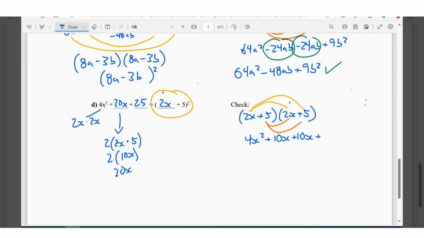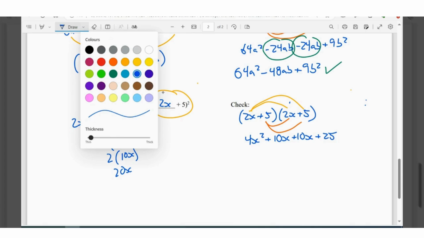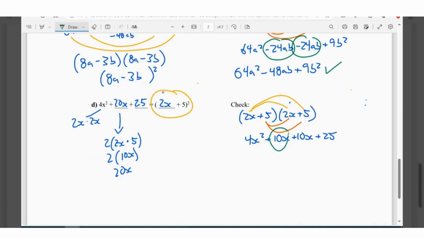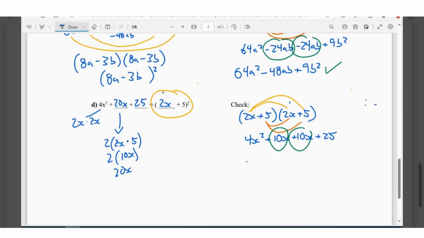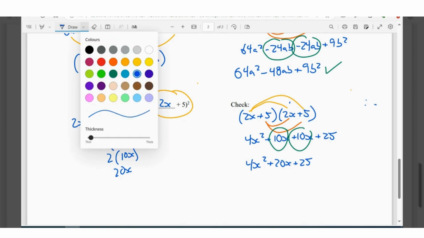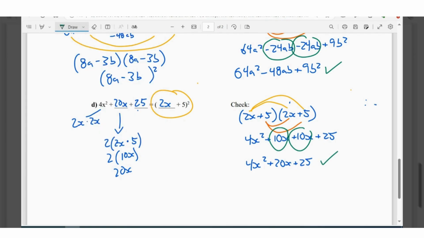And 5 times 5 is 25. Combine our middle like terms. And looks like we're going to get 4x squared plus 20x plus 25. And yes, that's what we have over there. Looks like we did it. Thank you so much. I'll let you know what textbook questions I'd like you to do.